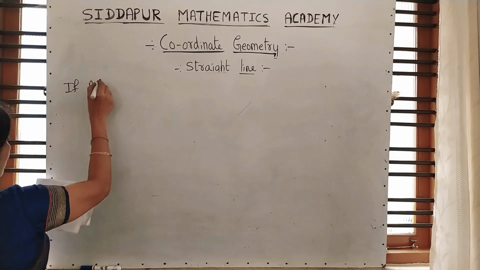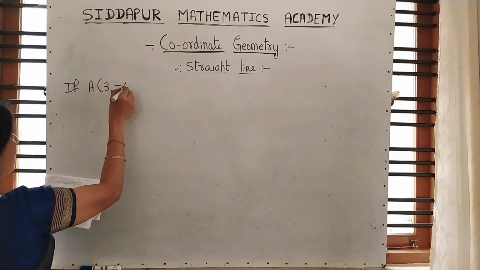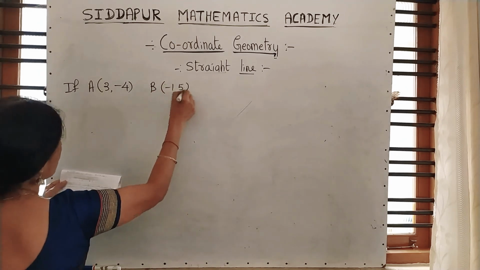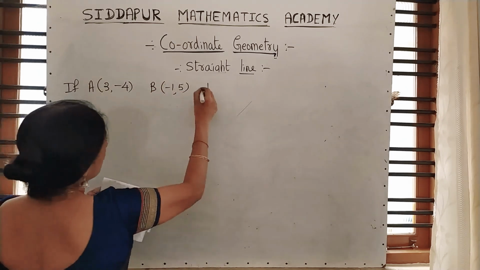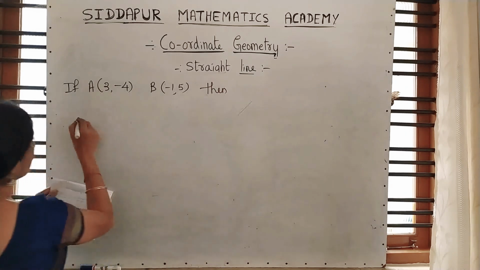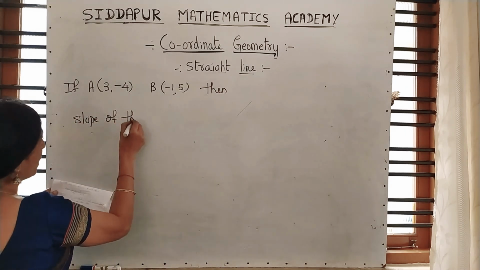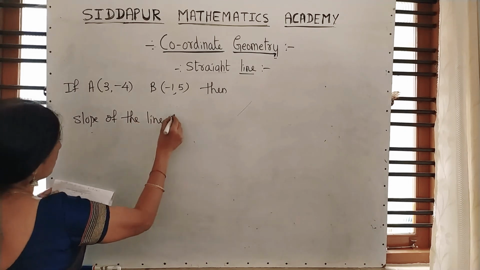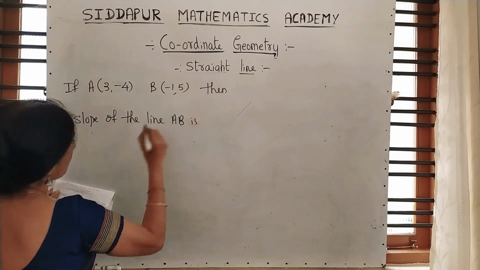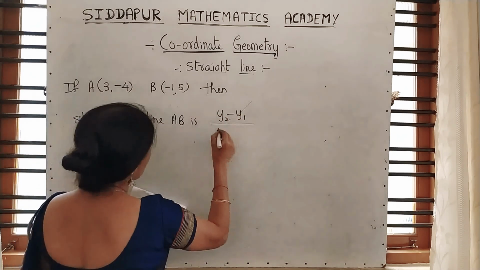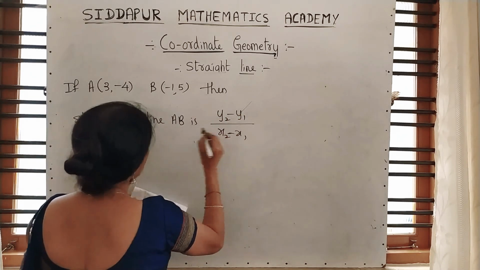If A is (3, minus 4) and B is (minus 1, 5), then the slope of the line AB is y2 minus y1 upon x2 minus x1.